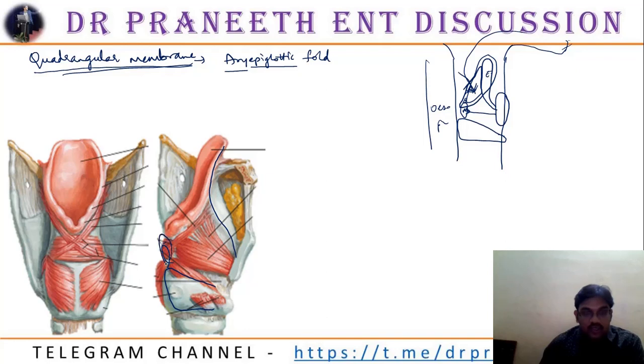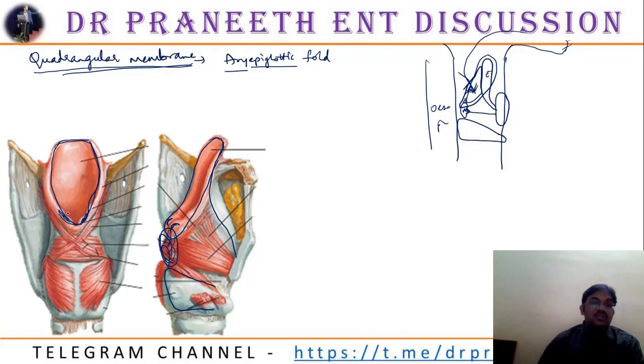This entire thing is the arytenoid complex. This is covering the epiglottis anteriorly, and posteriorly it is covering the arytenoids also. This bulge you can see is the arytenoid bulge on either side, and this is the epiglottis. So this is covering all four sides, that is the quadrangular membrane, with the epiglottis anteriorly and the arytenoids posteriorly.